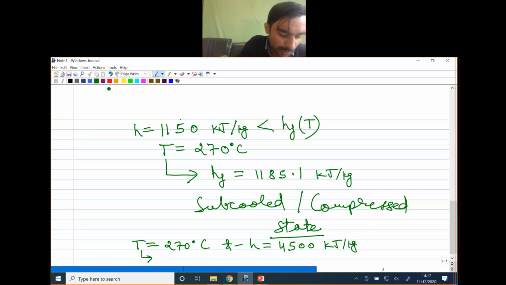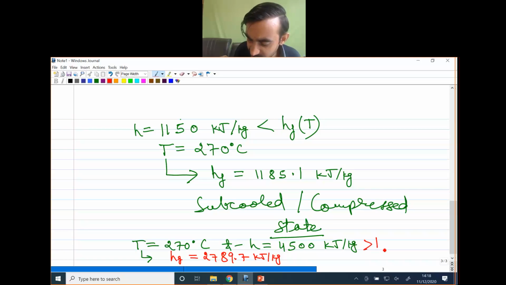If you refer to your steam table corresponding to 270 degrees Celsius, you will find that the value of Hg is equal to 2789.7 kilojoule per kg. So the given H is greater than Hg at that particular temperature. So I can simply say that my given state is a superheated state, or rarefied state.